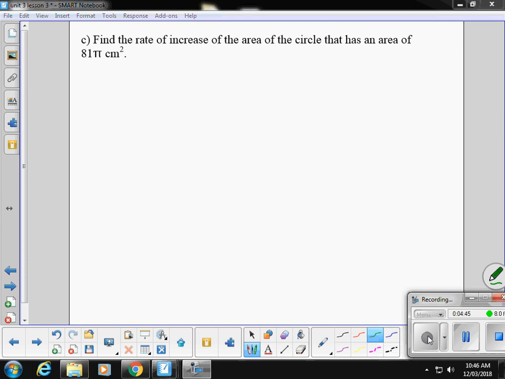Continuing with that thought, we want to know the rate of increase of the area of the circle that has an area of 81 pi centimeters squared. So I know the rate of change with respect to r, but I need to know when that is specifically. So when the area is 81 pi, I know area is pi r squared. When is it 81 pi?